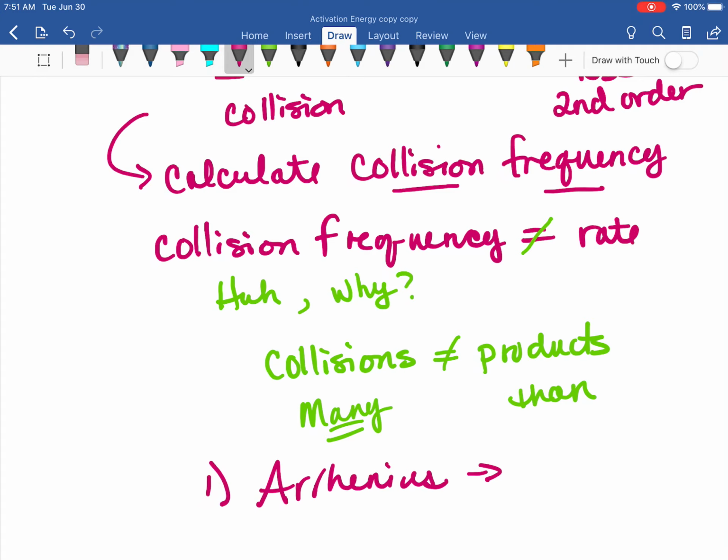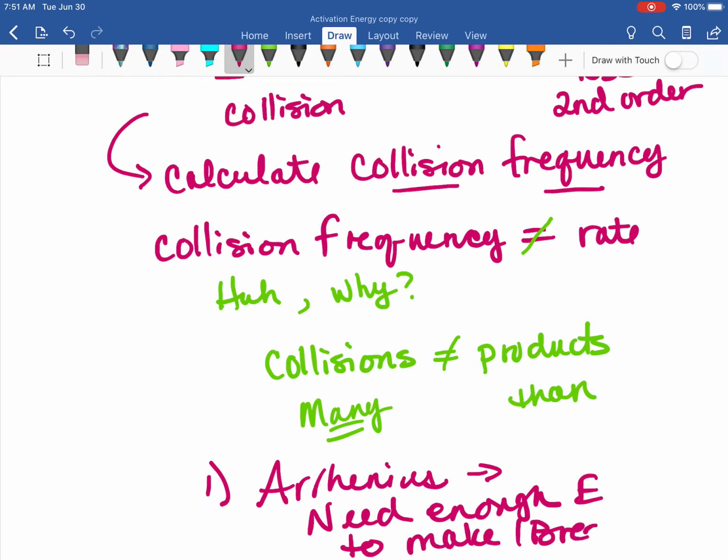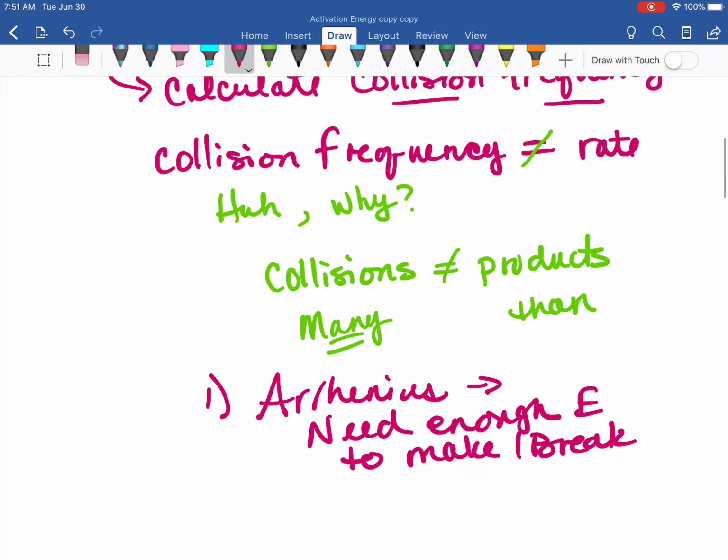You have to literally have a number of kilojoules or kilocals, enough energy to actually break those bonds and make those bonds. So we need enough energy to make and break bonds. That energy is going to come from those collisions. And he called this energy activation energy.